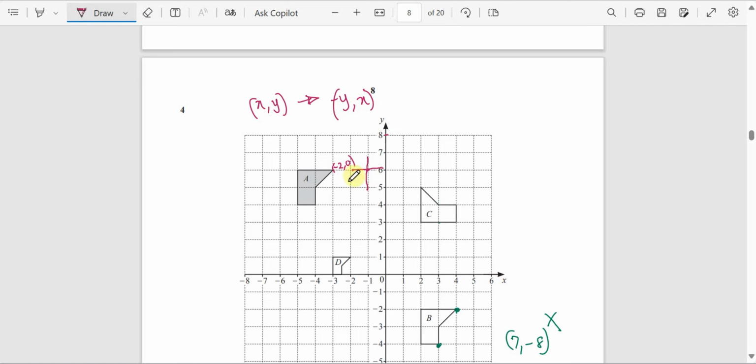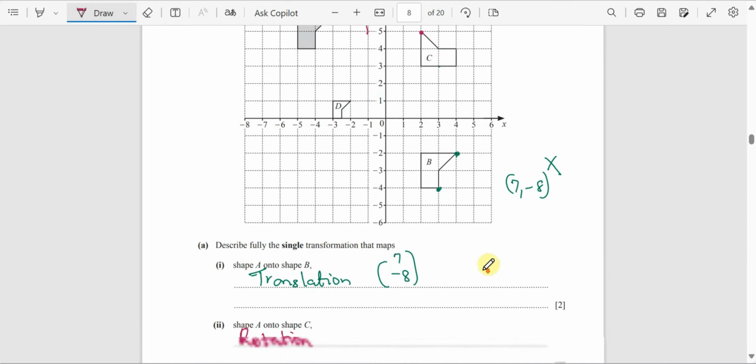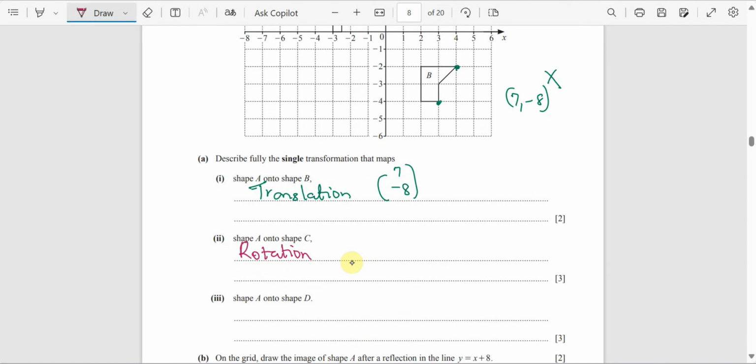So I'm going to check the coordinates of the corresponding point. Now, if you look at the way this diagram is, look at where this corresponding point is, you realize that it's actually moving 90 degrees anti-clockwise. Now, with a lot of practice, you'll be able to identify easily.